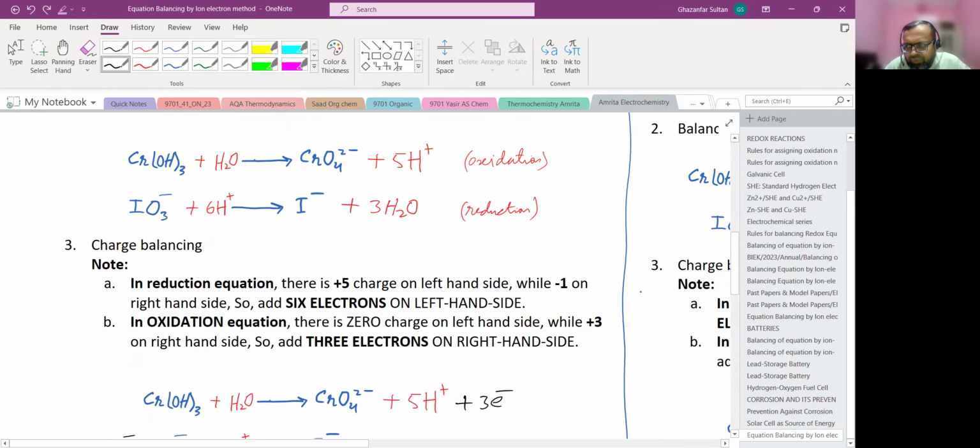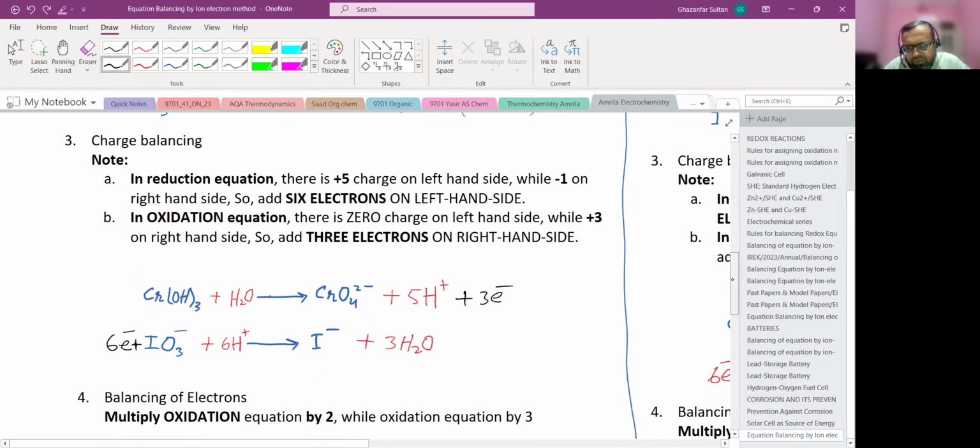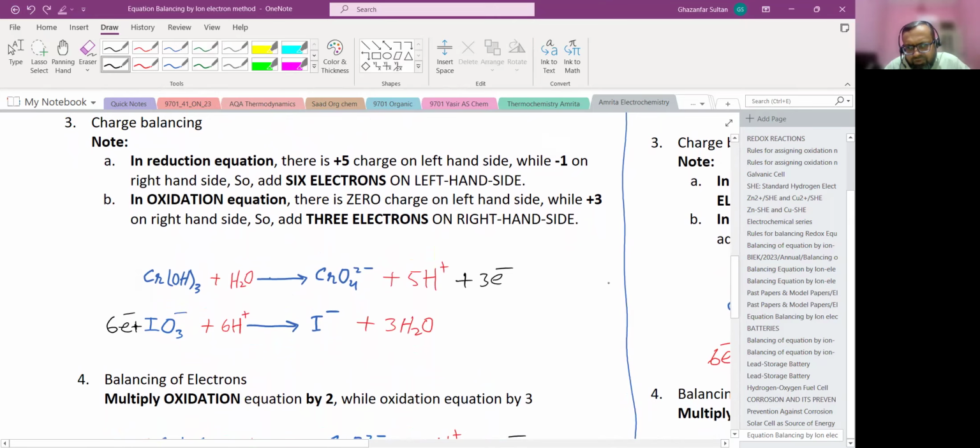I'm writing it again. So we have added 6 electrons on the left hand side. So now see the total charge on the left hand side.